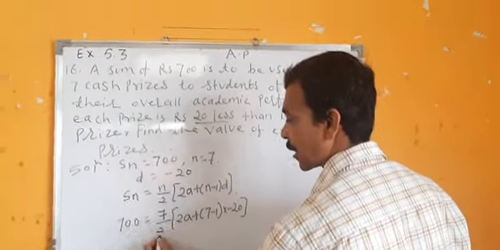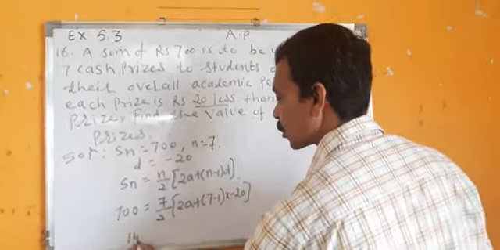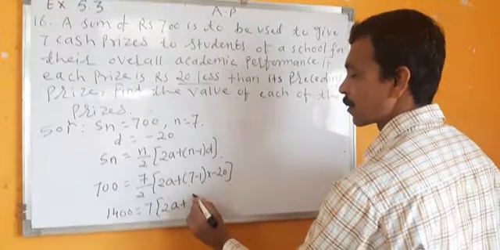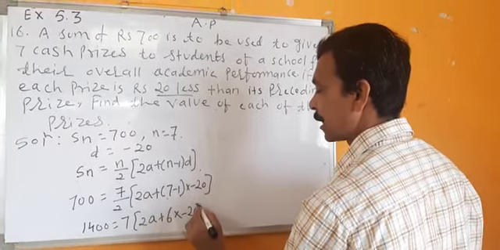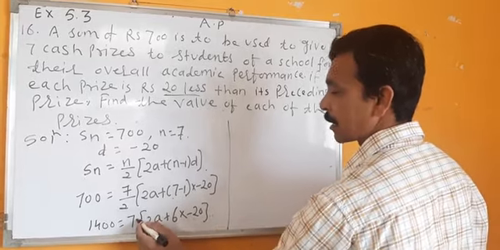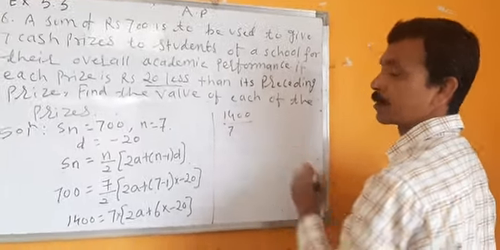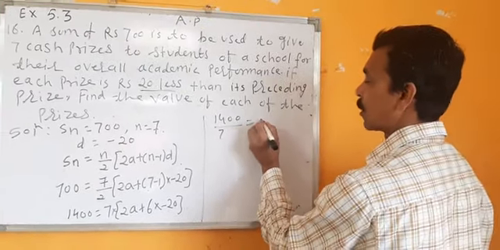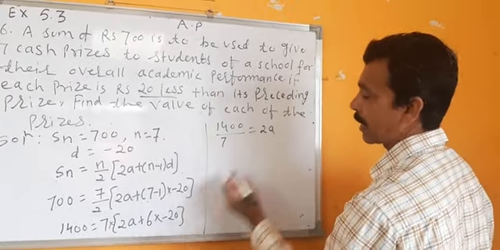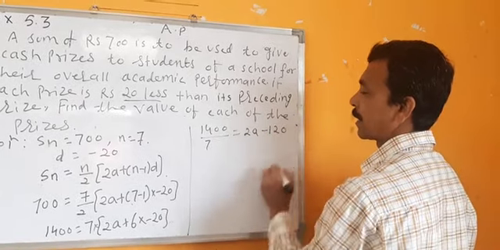Do the cross multiplication. 700 into 2 is 1400 is equal to 7 into 2a plus 7 minus 1 is 6 into minus 20. The 7 will go in the denominator to the left-hand side, is equal to 2a plus 6 into minus 20, minus 120.